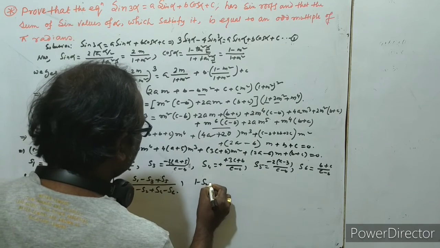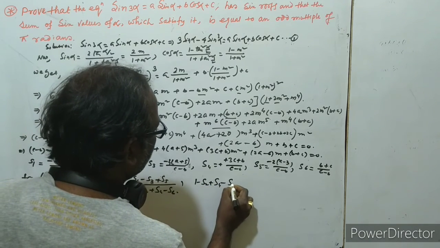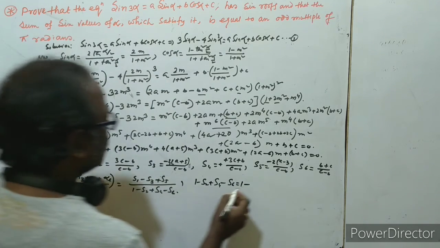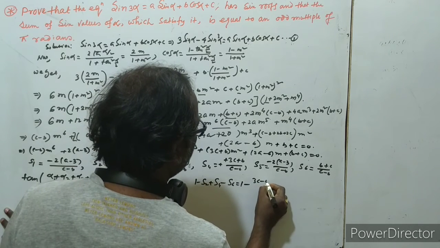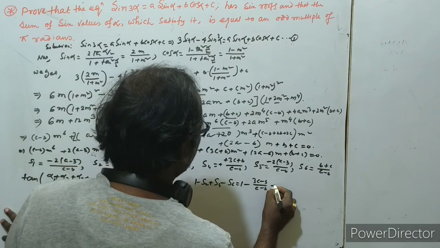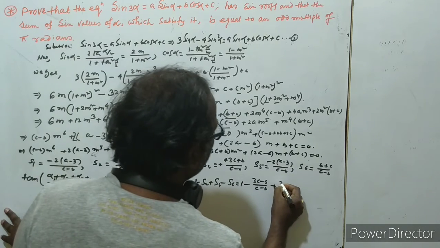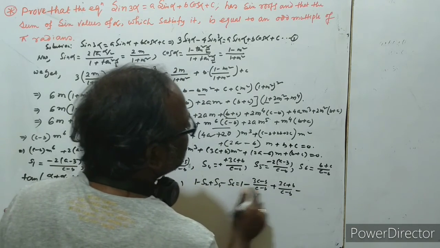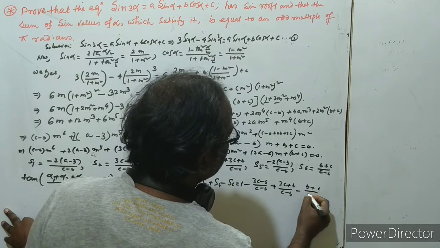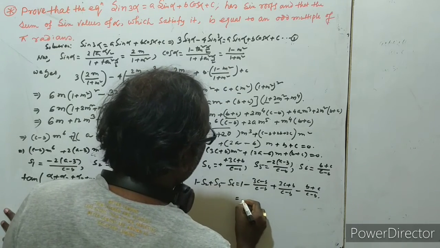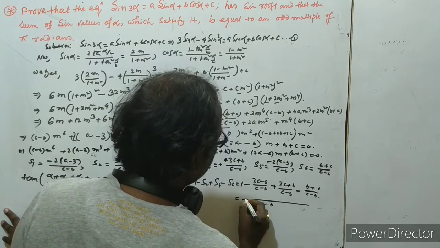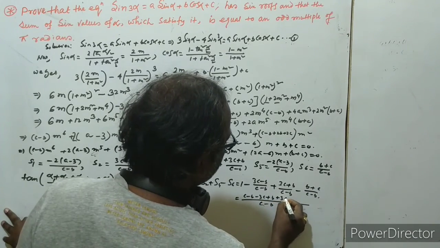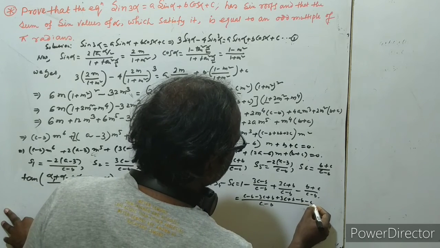And now see, I want to find the value of that, that is 1 minus S2 plus S4 minus S6 here. See, this is S2, this is 3c minus b by c minus b, and this is here S4, that is 3c plus b by c minus b, and this is here S6, that is b plus c by c minus b here. We take an LCM like c minus b, that is c minus b minus 3c plus b plus 3c plus b minus c.